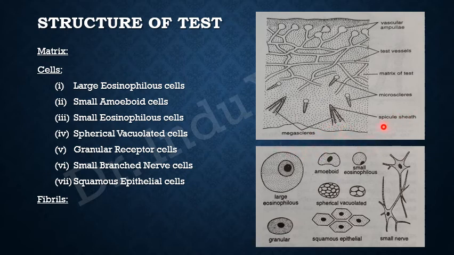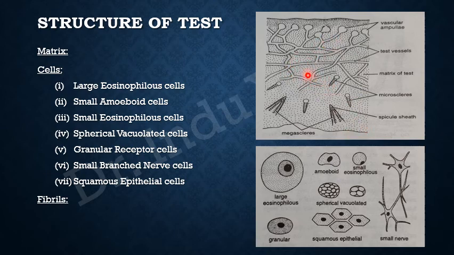These are the spicule sheets containing the megascleres. These are the small spicules. This will come in the lecture afterwards. These are megascleres and these are microscleres. And these are the test vessels, giving out vascular ampullae on the surface of the skin, and obviously these vascular ampullae are tactile in function. Now we will do all these four structures in detail one by one.